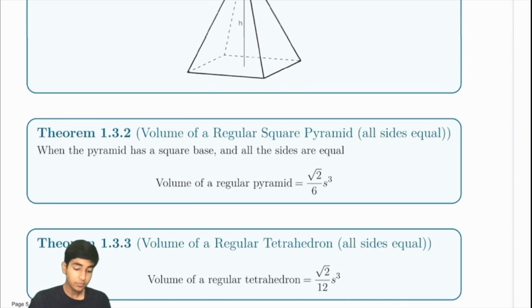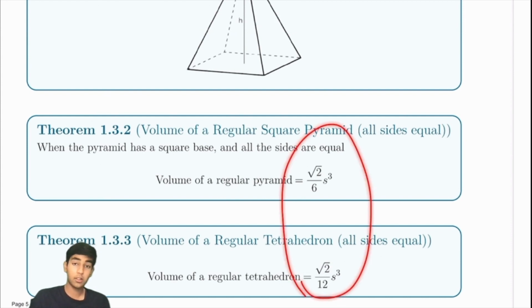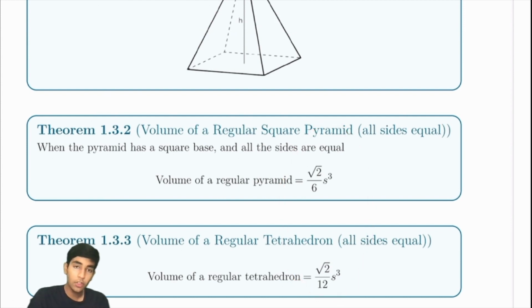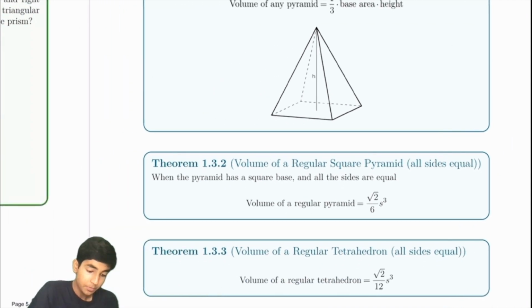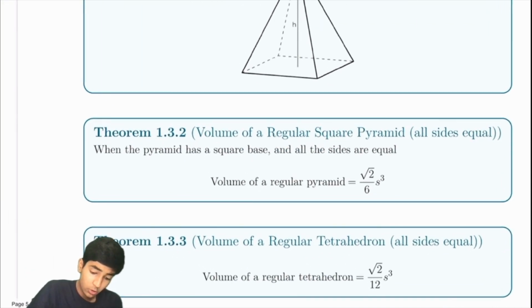Now, these are good to know because they can save you some time, but you don't have to know them, as you can always just rederive it by using the equilateral triangle area formula, or you can always rederive it by doing some Pythagorean theorem techniques.